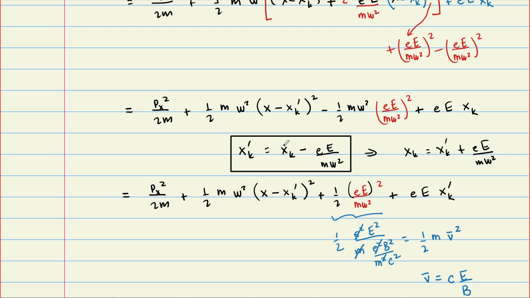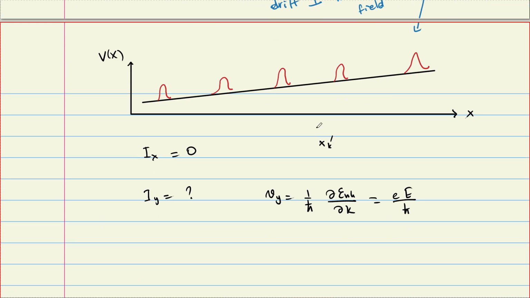The first term is x_k, and x_k was, I don't know if you remember, but it was like k l squared. And if you take the derivative of k l squared, k is gone. There will be just l squared here.